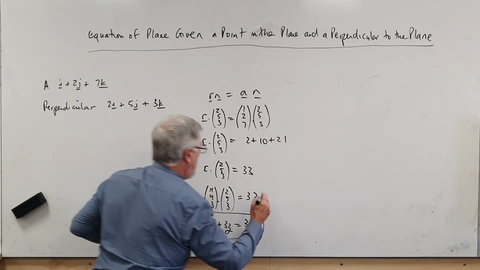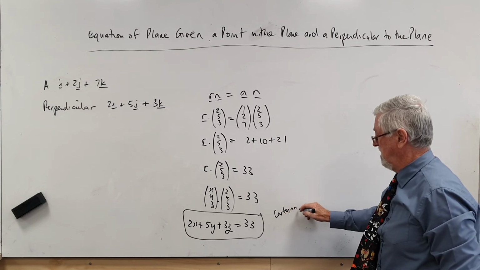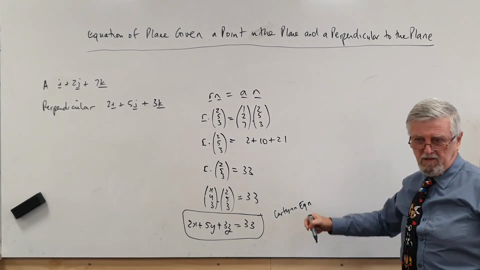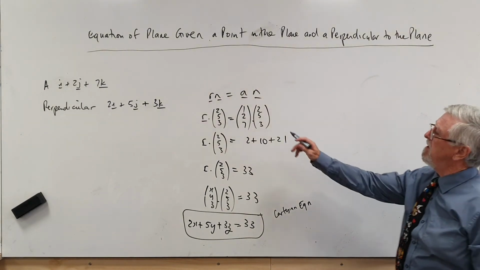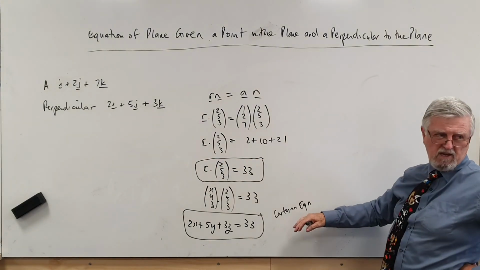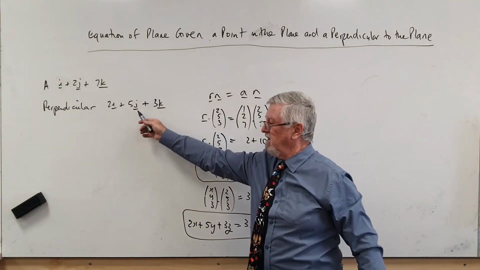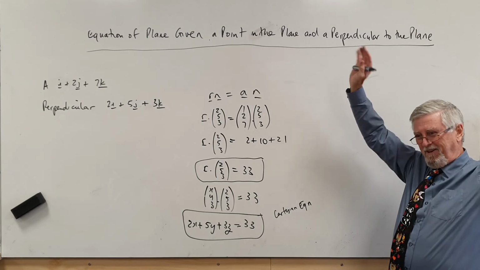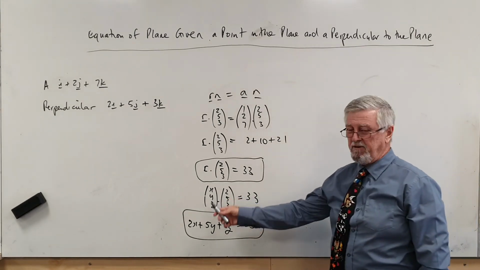And that's the Cartesian equation of that plane in 3D. So if in your next test I give you the vector form and ask for the Cartesian equation, turn the R into x, y, and z.